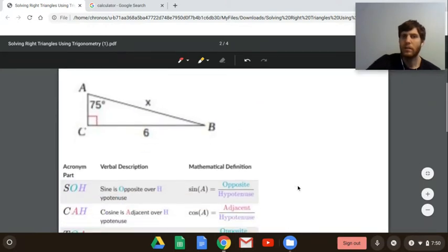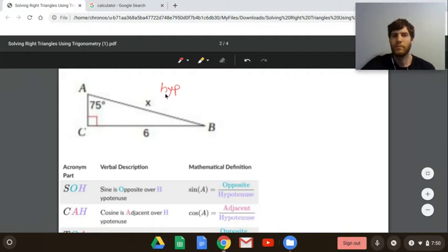Second one here, again, the first step is to label your hypotenuse. I would always do that first. Across from the right angle is AB, that's our hypotenuse. The angle we're looking at is the 75. Across from that is your opposite side. And next to that would be your adjacent side, so AC would be adjacent.